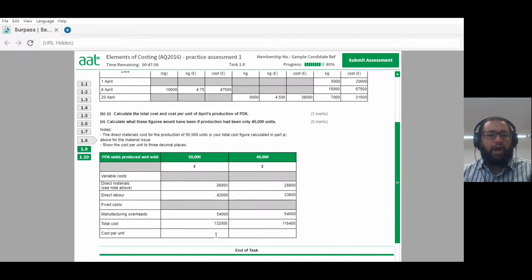So they're asking you here to calculate the total cost and the cost per unit for PD6. We have done the total cost.